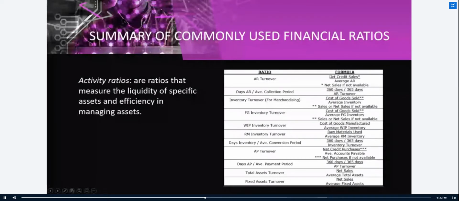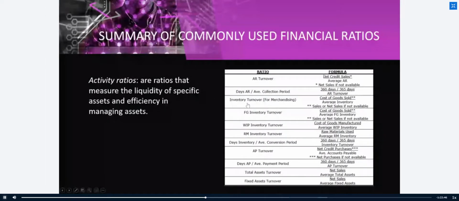So, activity ratios. These are the ratios that measure the liquidity of specific assets and efficiency in managing assets. When we say liquidity, class, this is the ability of the company to meet its short-term obligations, meaning to say their ability to pay their current liabilities.